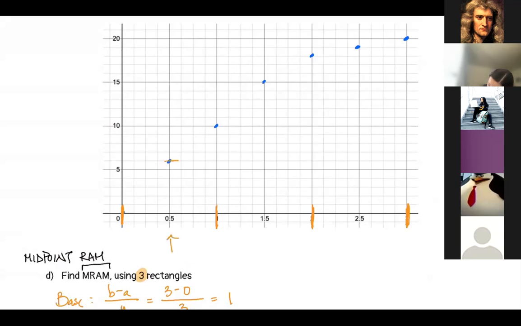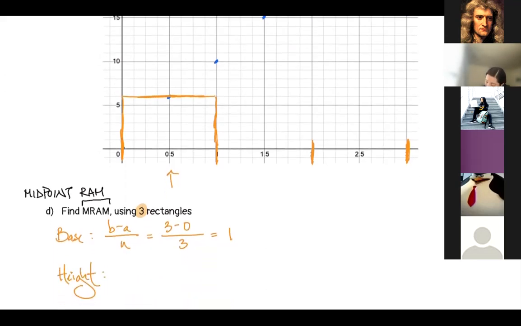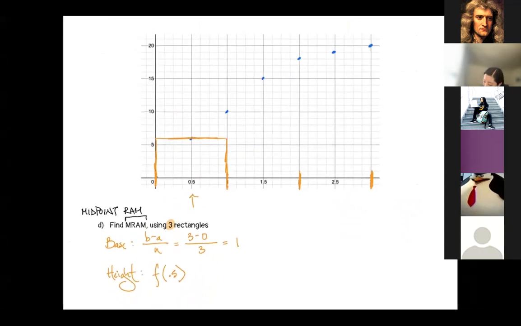So this is going to be the height for that first rectangle. All right, so I'm going to say f of 0.5. Okay. What would we say is the height of the second rectangle in terms of the x value?